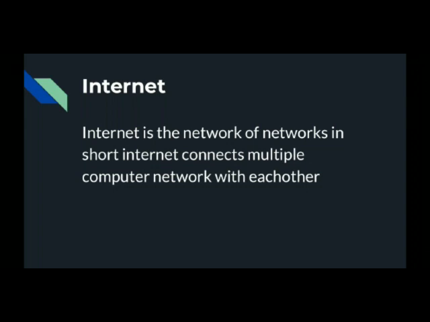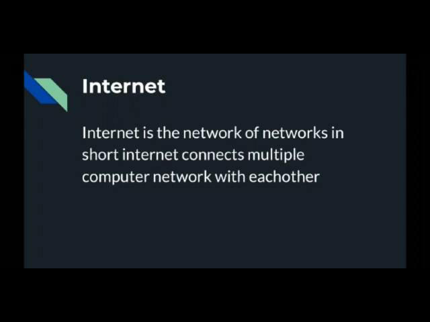Now you all just assume that we have one computer institution, and in this computer institution a total of 3 computer labs are there: lab 1, lab 2 and lab 3. In lab 1 a total of 50 computers are there, and these all 50 computers are connected with each other, and in the second lab also 50 computers, in the third lab also 50 computers.